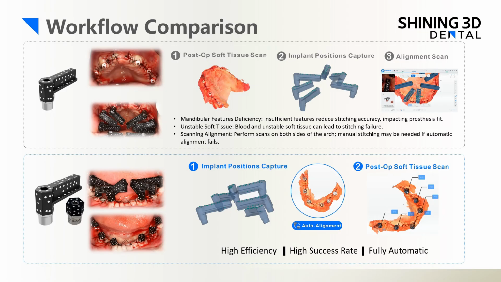And when scanning, you need to perform scans on both sides of the arch, and manual stitching may be needed if automatic alignment fails, as we already mentioned during the whole webinar. But with the help of the Cap Scanbody, it can increase the efficiency and the success rate, and the alignment will be fully automatic.